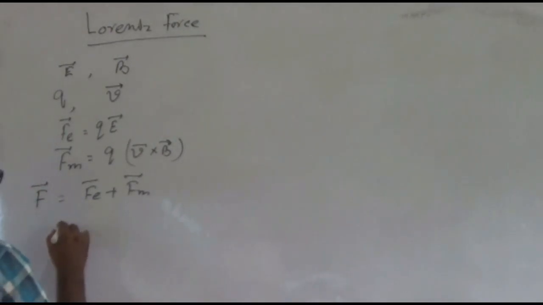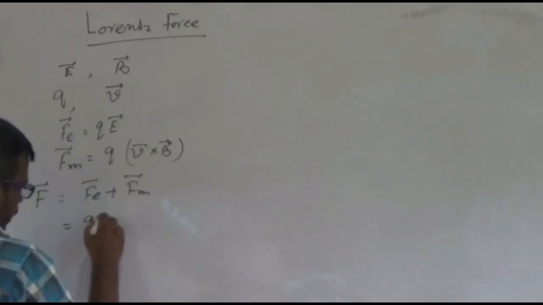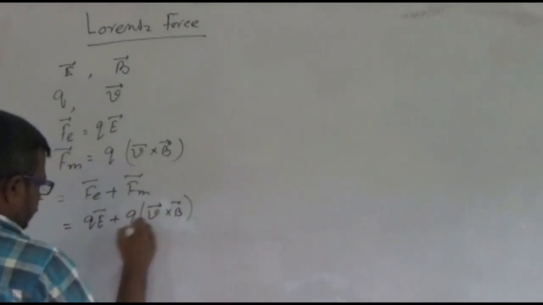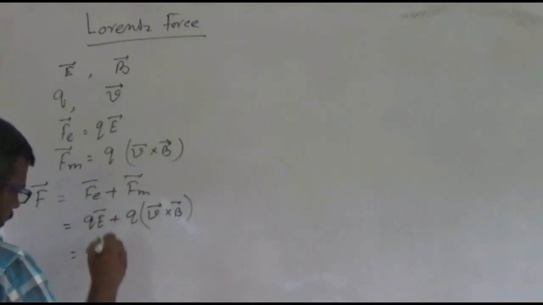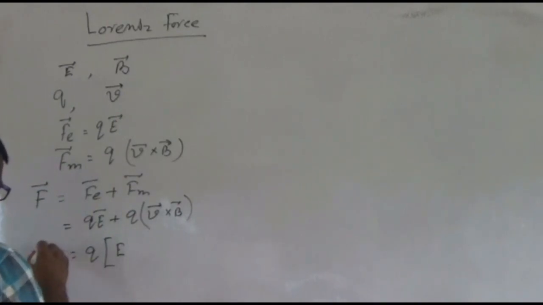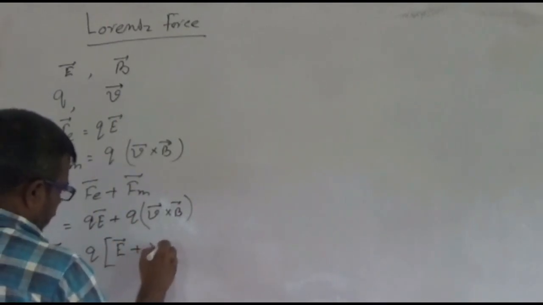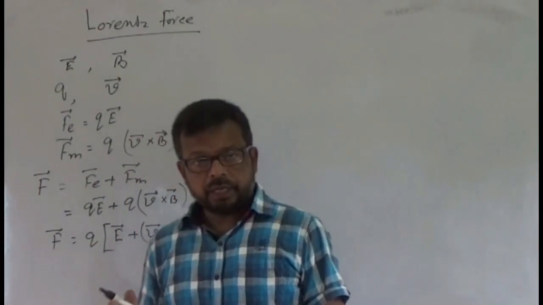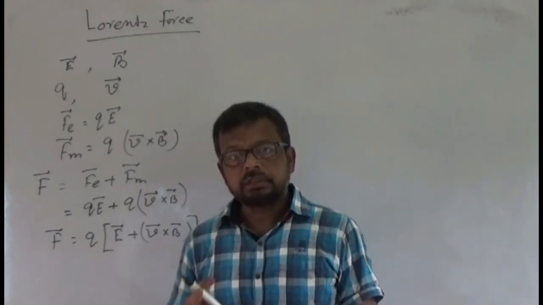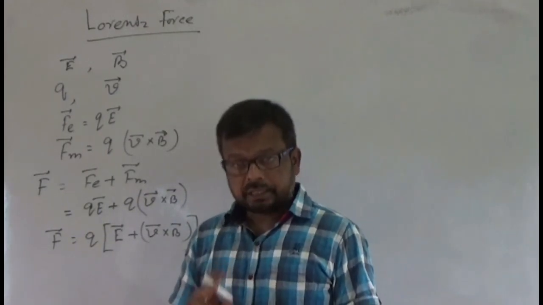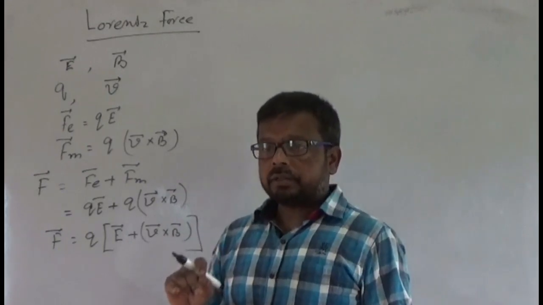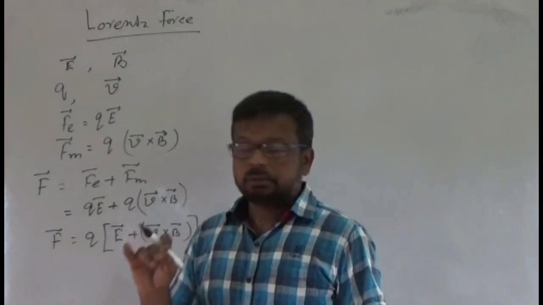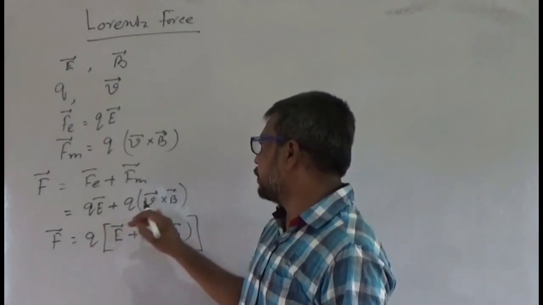This force, known as Lorentz force, is equal to Q into E plus Q into V cross B. That means you can write Lorentz force F is equal to Q into E plus V cross B. We have discussed in detail the electric force in electrostatics. Now our main discussion will be on the magnetic force, which is Fm is equal to Q into V cross B.